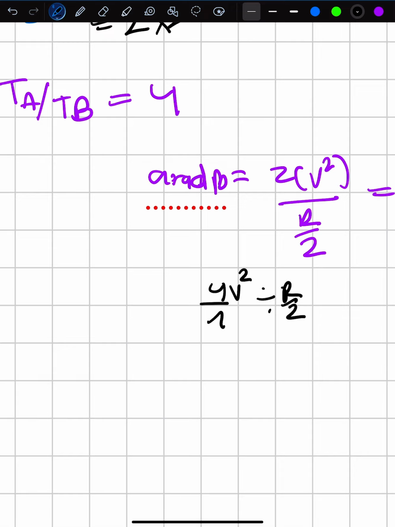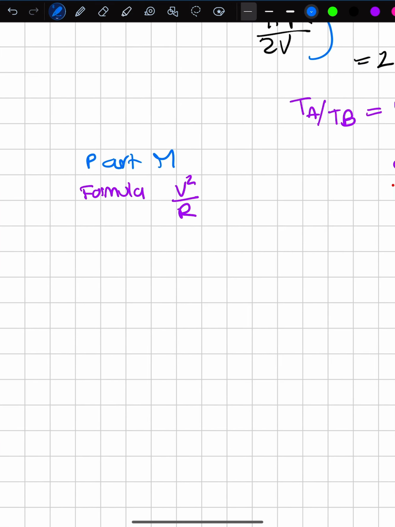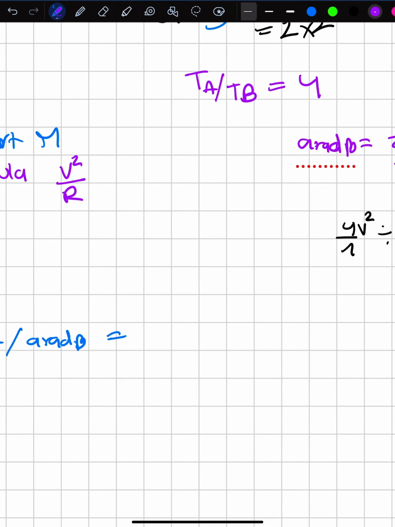Now it's basically just multiplying, so we plug that into our equation to find the ratio. For object A, the centripetal acceleration is the same one, but for object B, we already got it, and it was 8v squared over r.